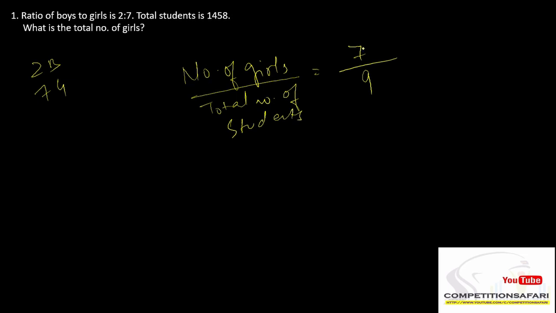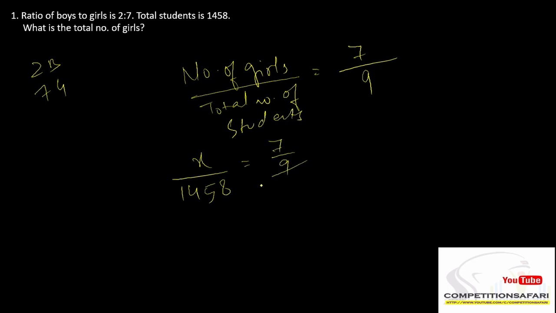So if we take a group of students where we have 7 girls, and we take another group of students which is a larger group, but the ratio remains the same in that group as well. So the number of girls will be X. The total number of students will be 1458, which is equal to the ratio of 7:9.